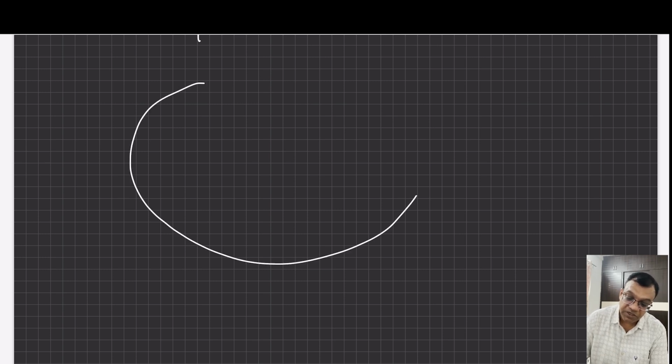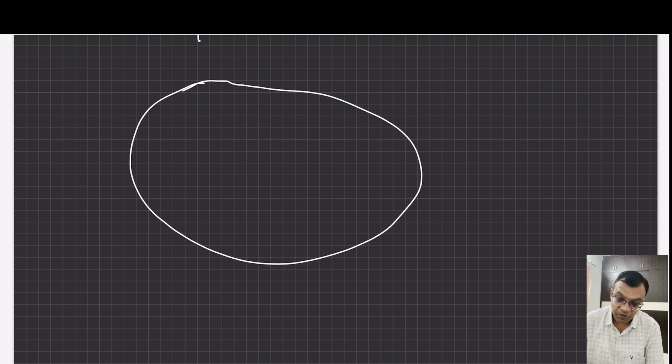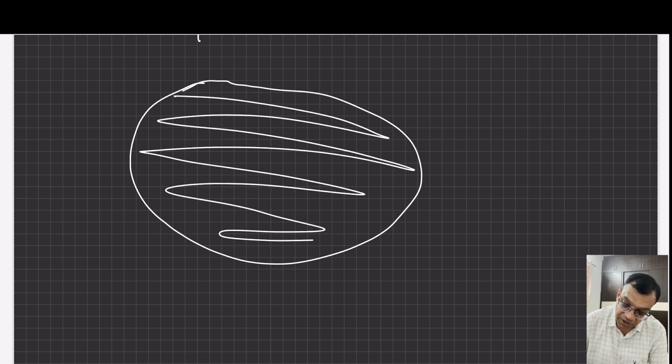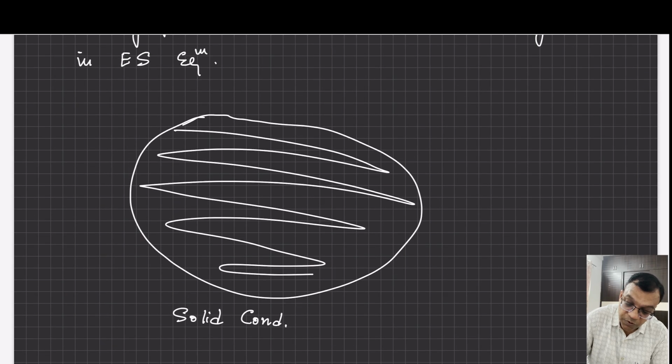Now let's take some basic situations. Let us consider this one conductor, and we are considering, say, this is a solid conductor. We have given some charge Q to it. Then that charge Q will be distributed on the outer surface.